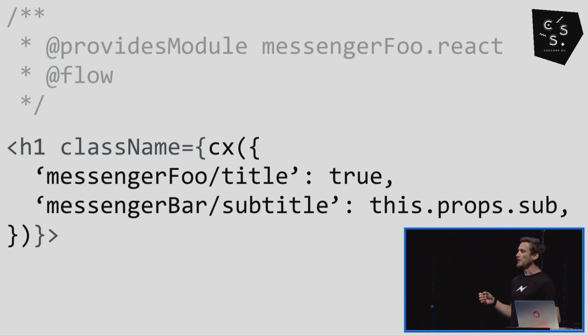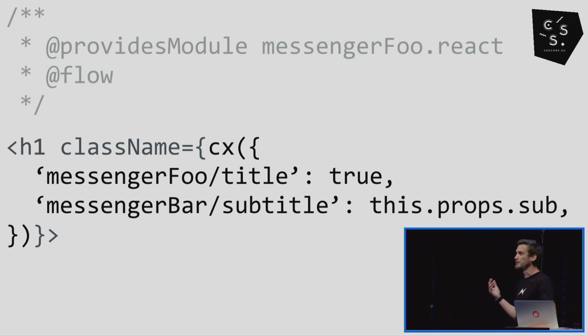CX is our class transform function. It serves multiple purposes. For one thing, it actually evaluates the logic of which classes to include based on the Boolean values for JSONs. But it's always there. We always have to use it, so we know that we can search for it. And we look for instances of CX, and we find out which modules we need to include.